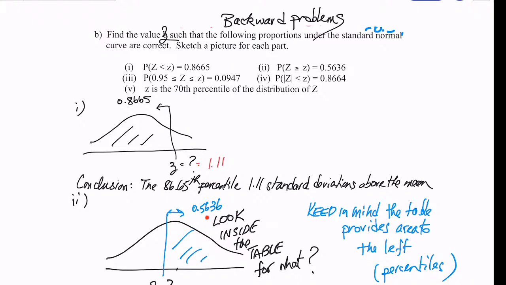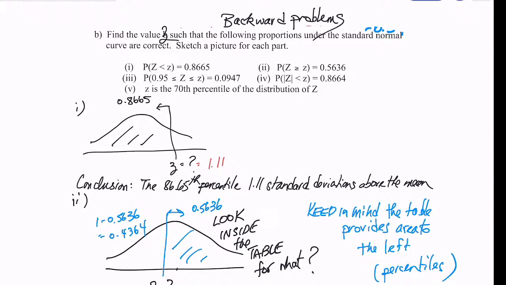So if it's 0.5636, then on this side it's 1 minus 0.5636, or 0.4364.